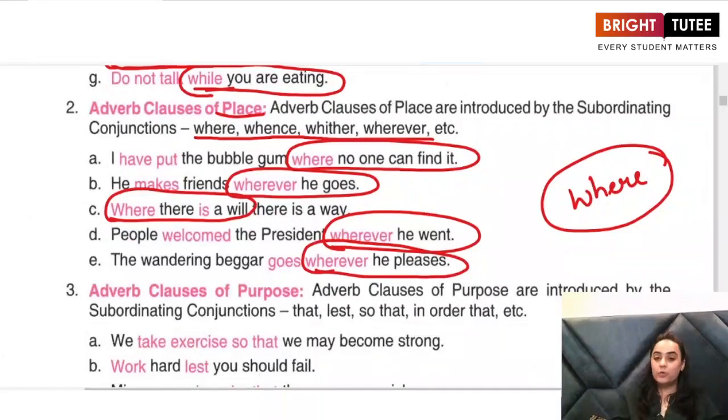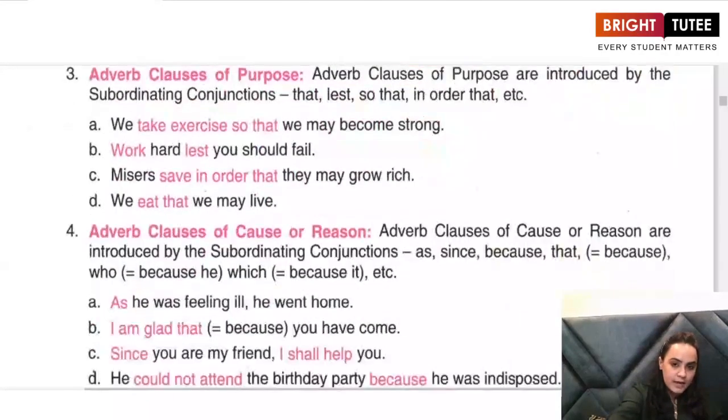So I'm asking the question where, if I have to identify the adverb clause of place, and the answer that I get is beginning with a subordinate conjunction like where, whither, whence, or wherever. Okay. Let us look at the third type of adverb clause, which is of purpose.